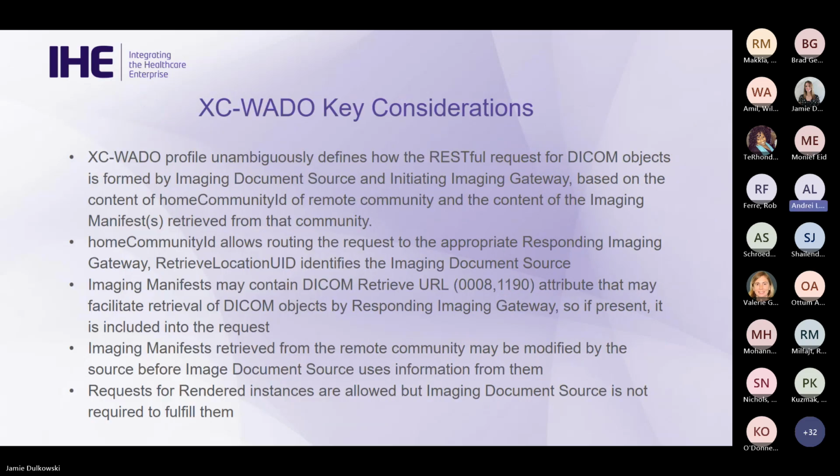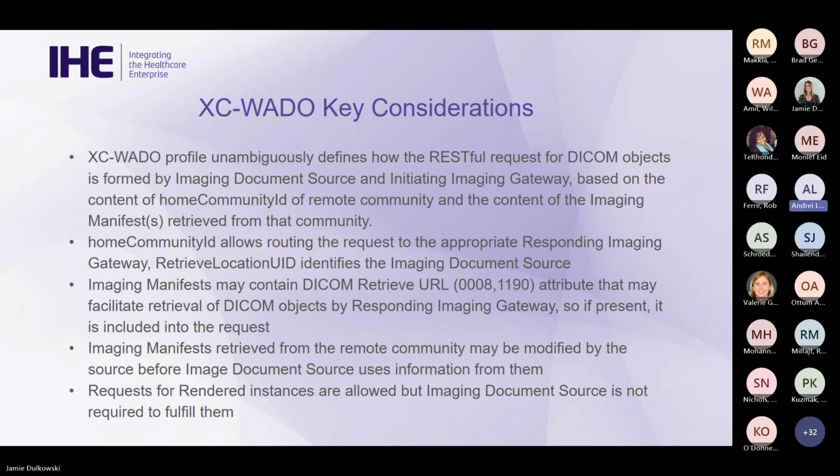So key considerations of this profile. Probably first and foremost, it unambiguously defines how the RESTful requests for DICOM objects are formed and communicated between the document source and initiating imaging gateway.